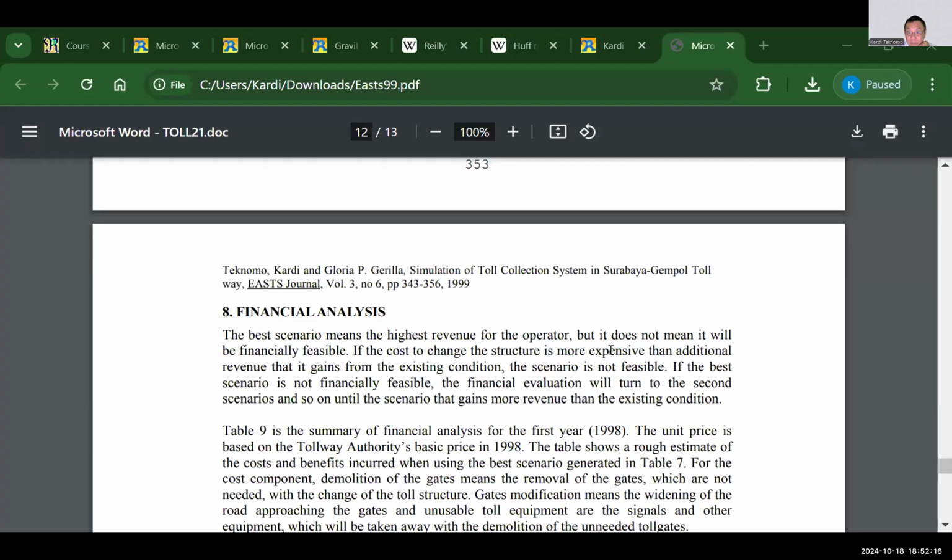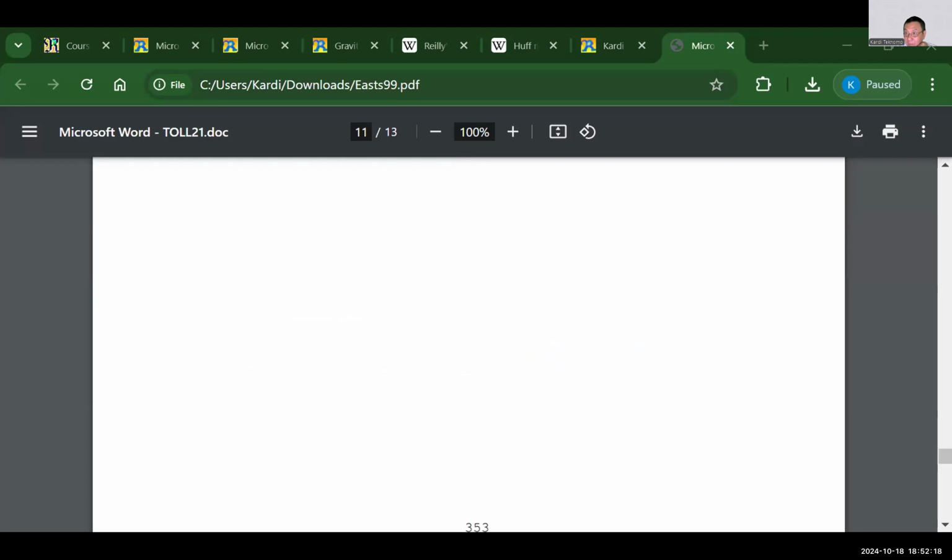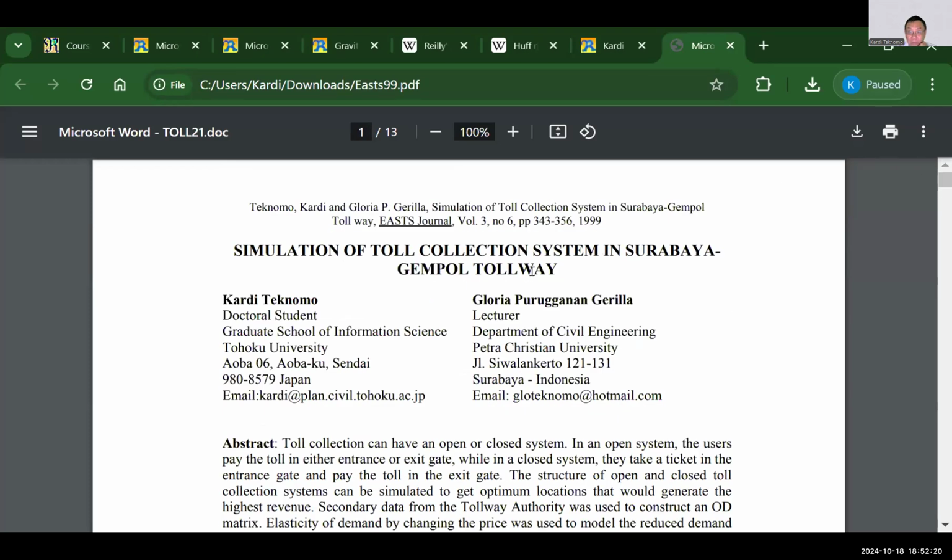So while waiting for you, I downloaded my previous paper. This is the paper from 1999, a while ago, that I mentioned, in a journal.